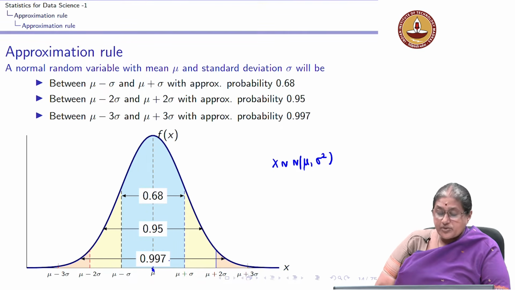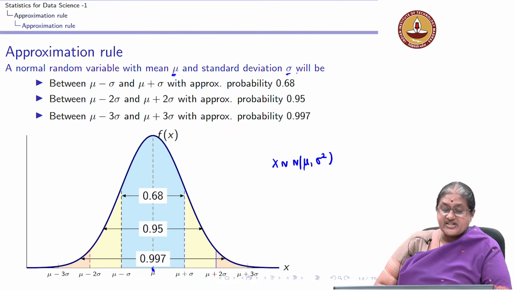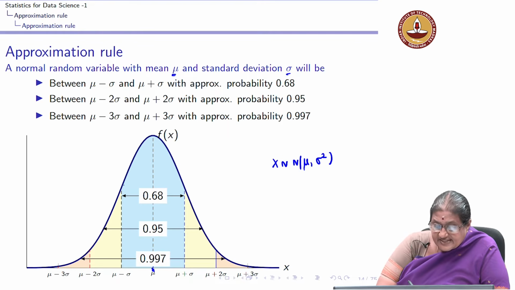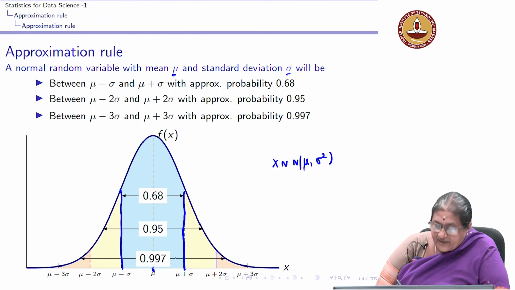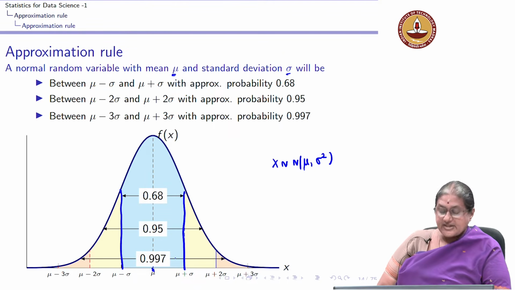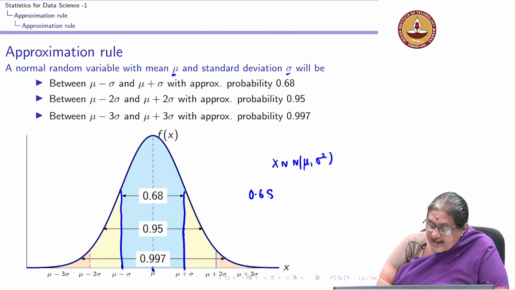What the approximation rule says is that for any normal variable with mean mu and standard deviation sigma, the area under the curve between mu minus sigma to mu plus sigma is going to be 0.68. Now, what does this 0.68 tell us?